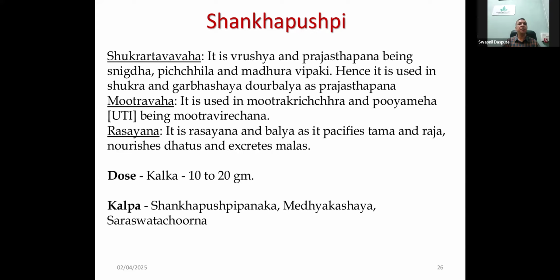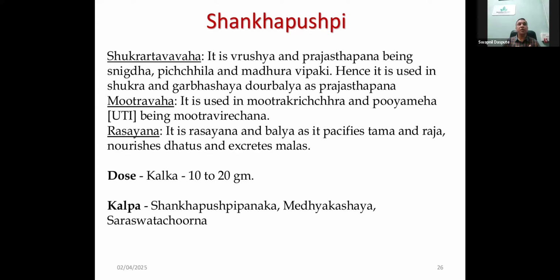Because it is Snigdha, Pichila, and Madhura Vipaki, and of course it has affinity towards the reproductive system, hence also that action, Prajasthapana and Vrusha. Hence it is used in Shukra and Garbhashaya Daurbalya as Prajasthapana. Wherever you see Daurbalya of Shukra, Garbhashaya, here Shankapushpi can be used.